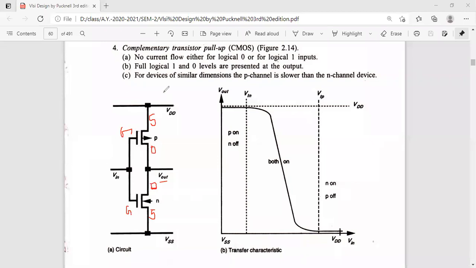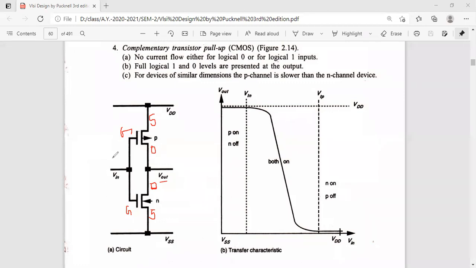So what is an inverter? When we give an input of 0, it has to produce an output of 1, and when we give an input of 1, it has to produce an output of 0. That is the format.